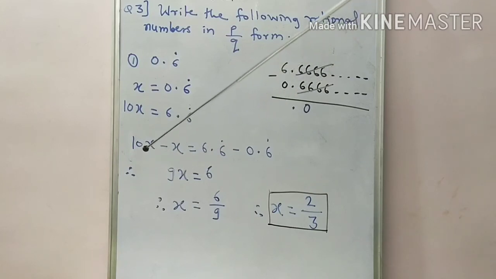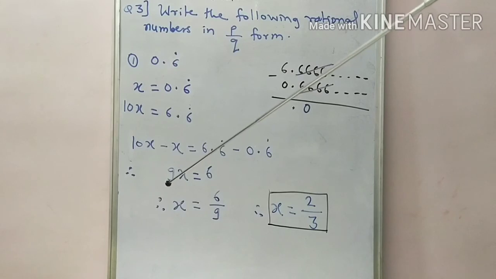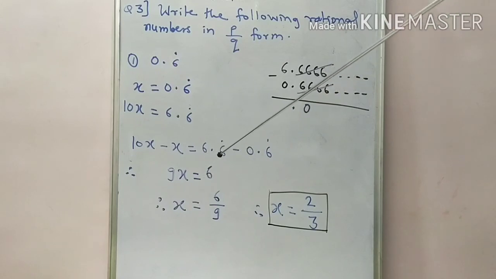If there are two recurring decimals, you get 99x, and if there are three numbers in the recurring form, 999x. So the subtraction gives 9x equal to, as I told, this recurring part is eliminated, and you just subtract the integer part only.